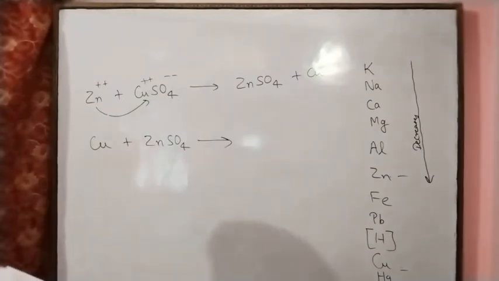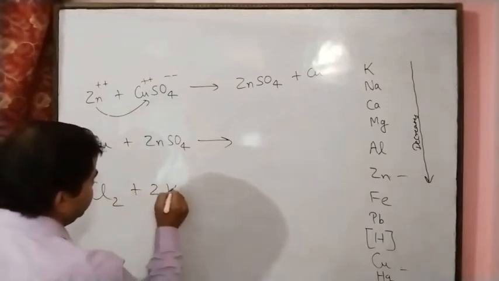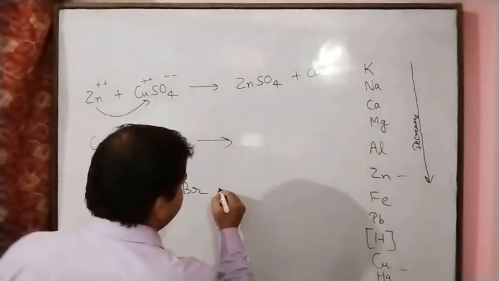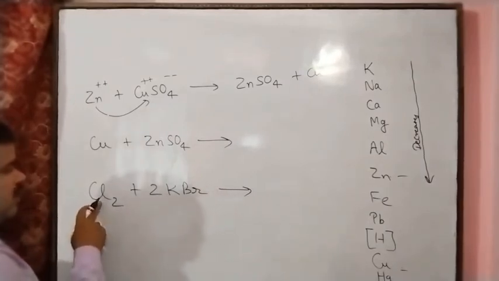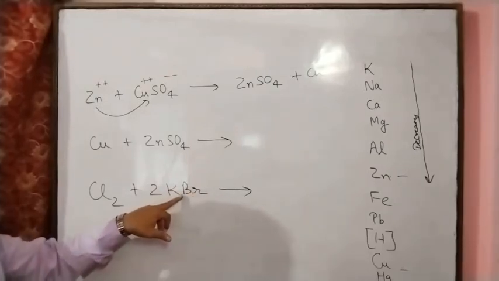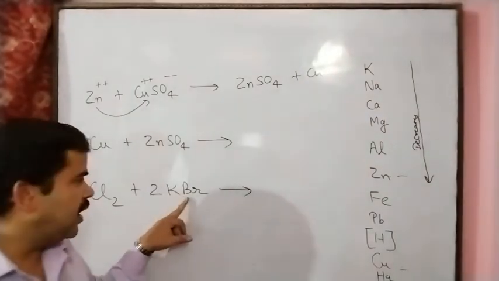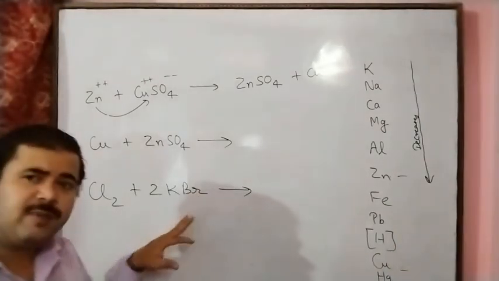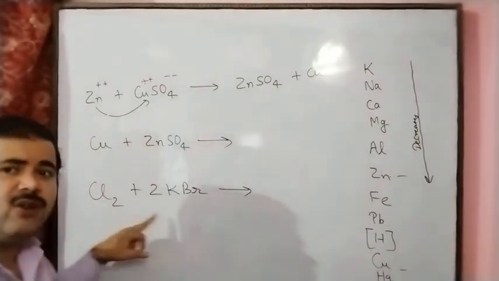Another example: Cl2 plus 2 KBr. Here chlorine is a non-metal, and potassium bromide is a compound made of potassium, a metal, and bromine, a non-metal. Displacement occurs between non-metals: chlorine is a non-metal and displaces another non-metal.